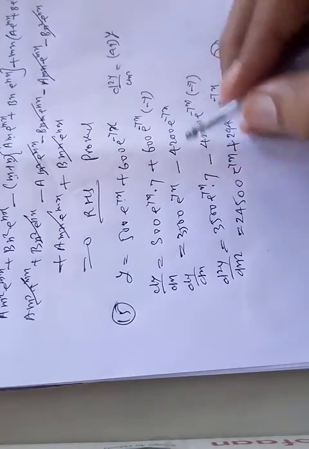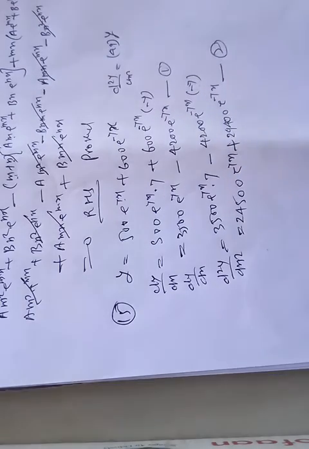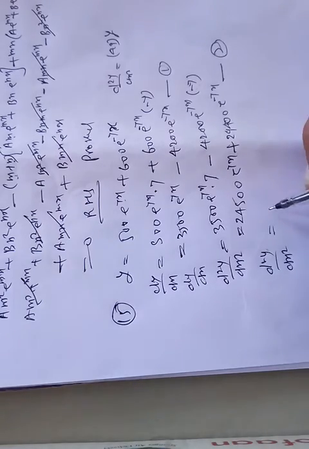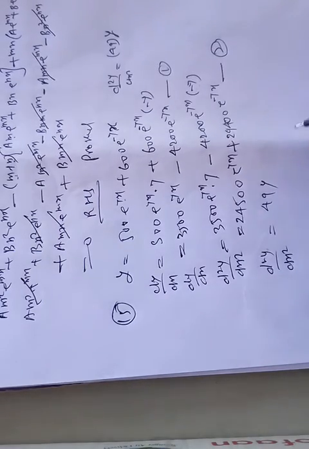This function is 1. So prove that d²y/dx² equals 49y.